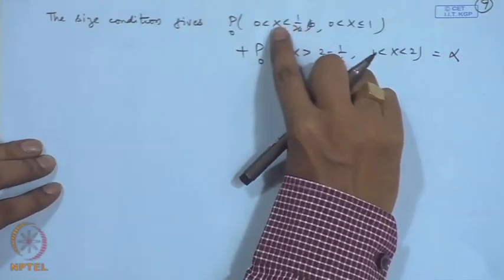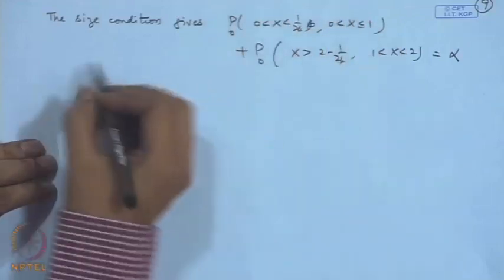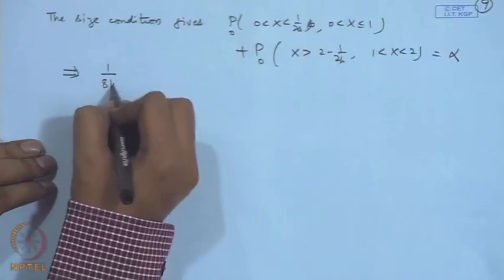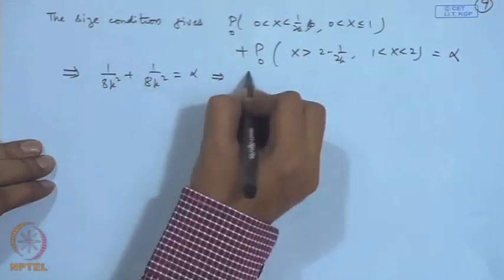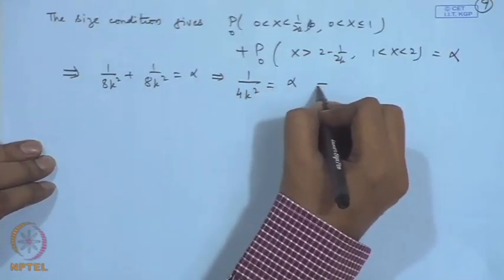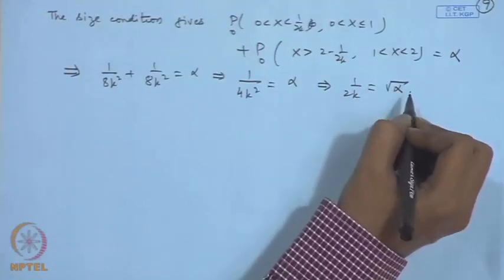Note here that these regions are dependent upon these conditions, so we have to consider the probability under this. We have calculated both of these probabilities. So, it becomes 1/(8k²) + 1/(8k²) = alpha, so 1/(4k²) = alpha. That means 1/(2k) is equal to the square root of alpha.